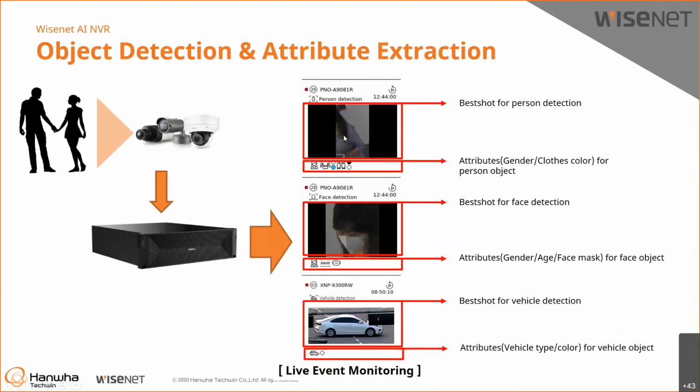So you will see the event with the best shot as person detection, face detection, and vehicle detection, and also you can see attributes of the subject, like for a person, gender and clothes color, for the face, gender, age, and face mask, and for the car, car type and color.